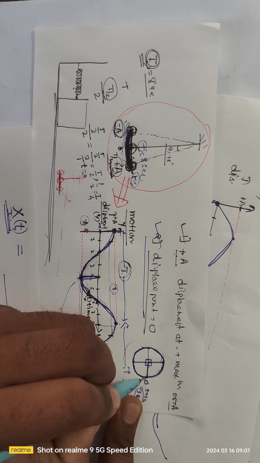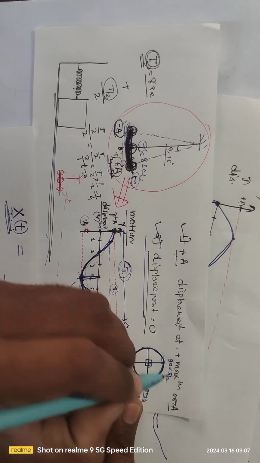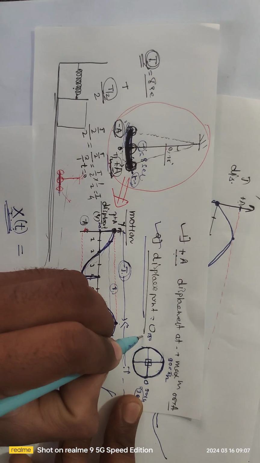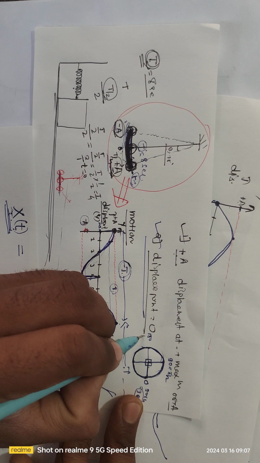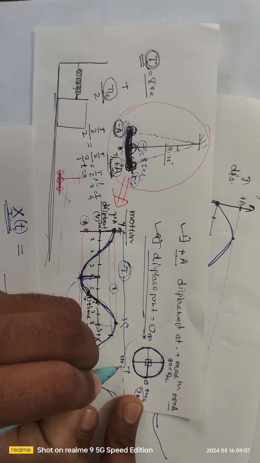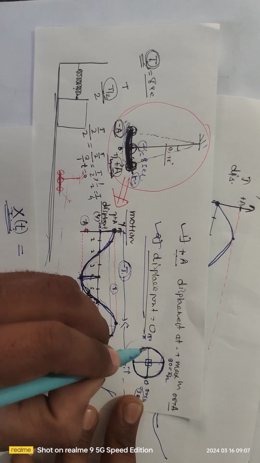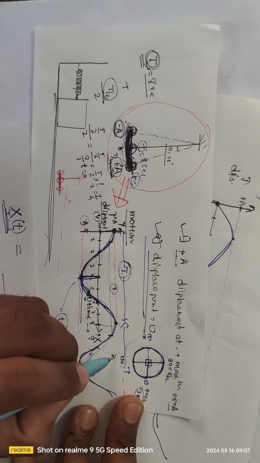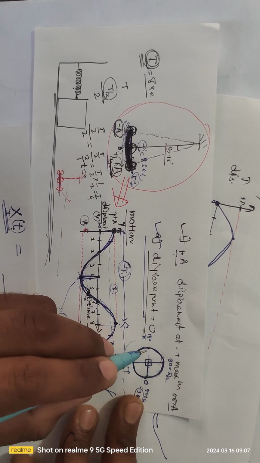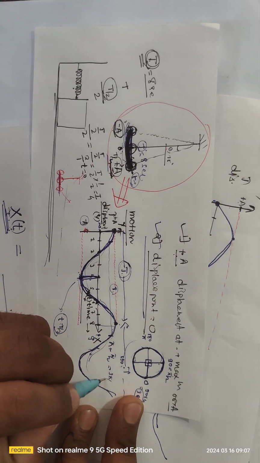In radians, 90 degrees is pi by 2. 180 degrees is pi. For 270 degrees, if pi by 2 is this part and the half circle is pi, then pi plus pi by 2 is called 3 pi by 2.